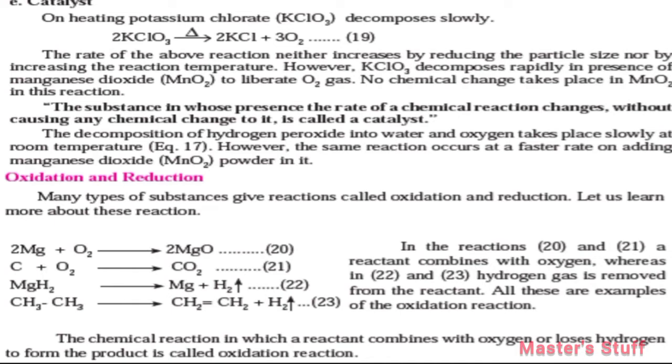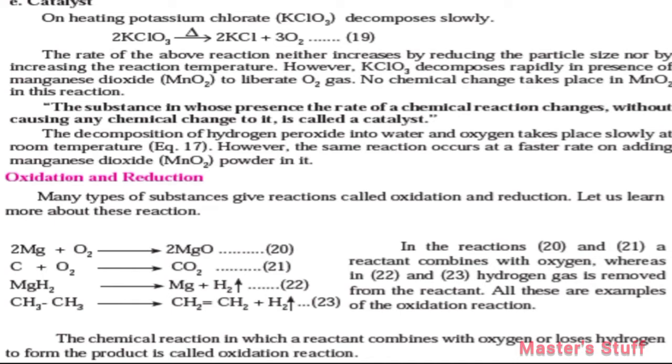In the reactions number 20 and 21, a reactant combines with oxygen, whereas in reactions 22 and 23, hydrogen gas is removed from the reactant. All these are the examples of oxidation reaction.